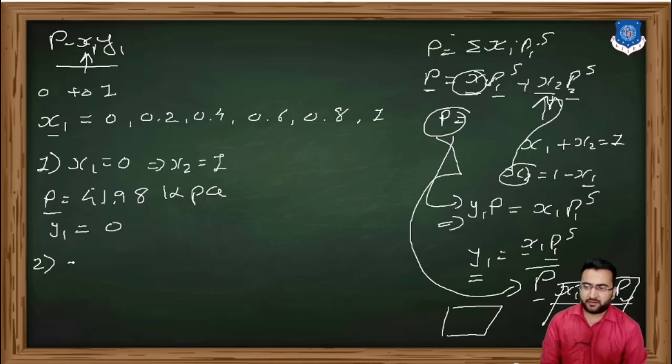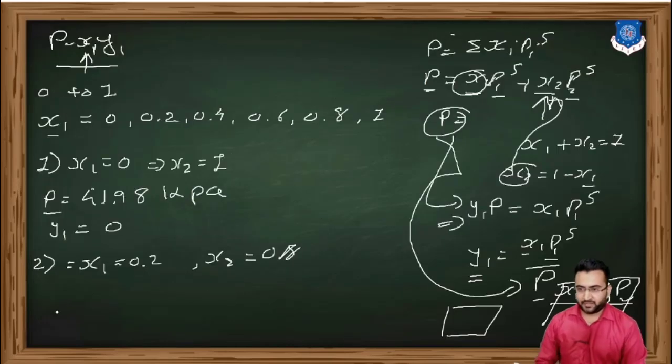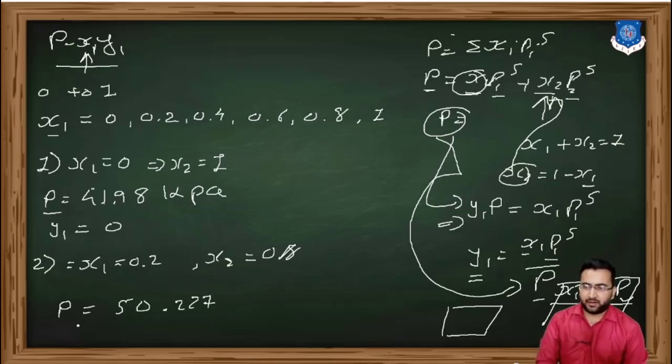Similarly, for iteration 2, x1 is equal to 0.2, so x2 becomes 0.8. The pressure is 50.227 kilopascal, and using Raoult's law we get the value of y1, which is 0.3313.